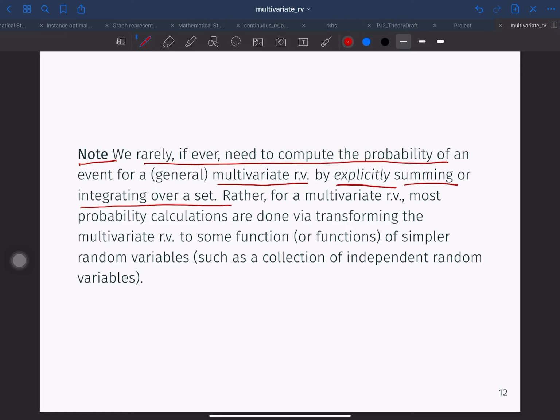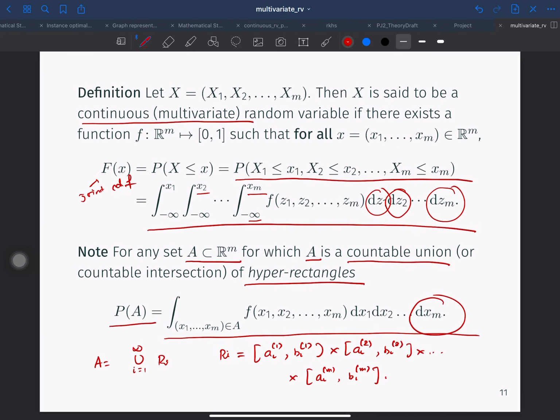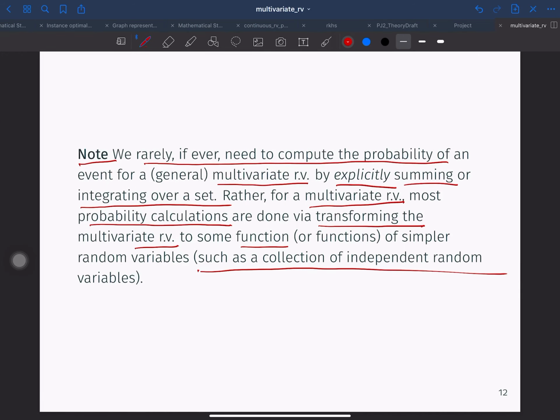Rather, for multivariate random variables, most of the time we will find probabilities by transforming the random variable into something simpler, such as a function of a collection of independent random variables. We will make this clearer in the examples later in this class. So the main thing is that this definition looks messy, but in practice we never need to use it. We never need to go past, say, 2, and if you're very unlucky, maybe 3 variables.